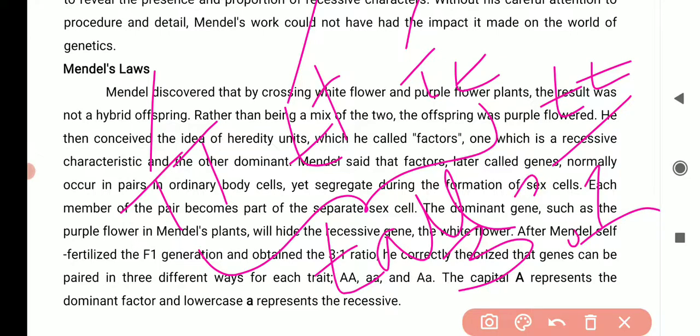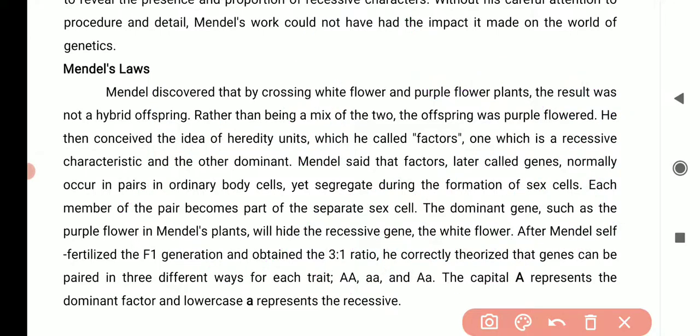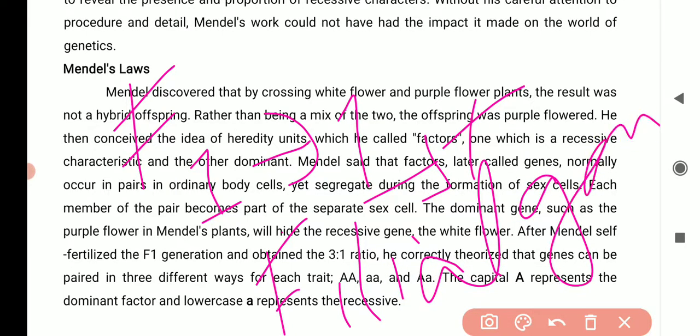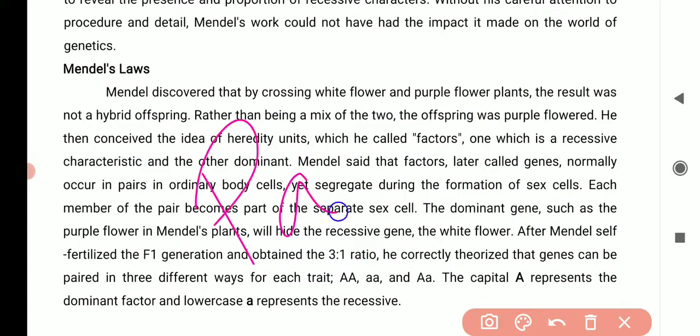So he saw that when he did the F1 generation, F1 means first filial generation. Okay, filial means family.